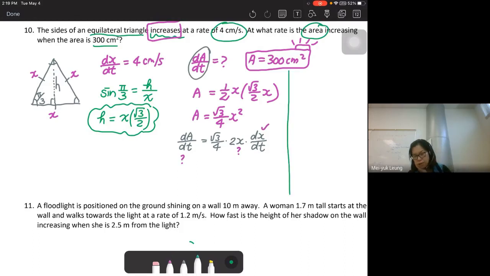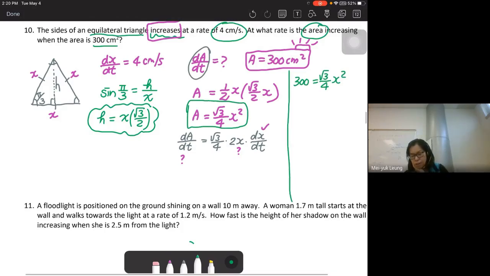So on the side, you have to find the x value when the area of the triangle is 300. So you just calculate for x using this area function, right? So that would be root 3 over 4 times x squared equals 300. Okay.